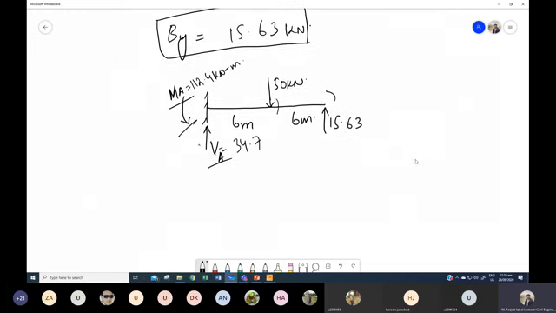So now we have all these reactions, and the final step was to plot the bending moment diagram. And since you have everything, what will the bending moment diagram look like? So at this point we have this 112.4 kilonewton.